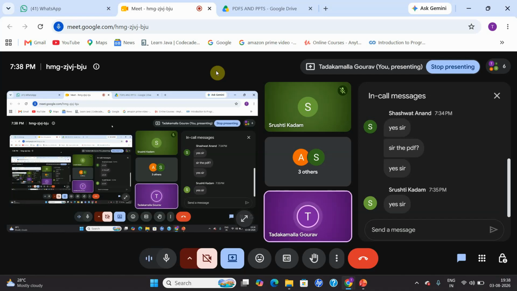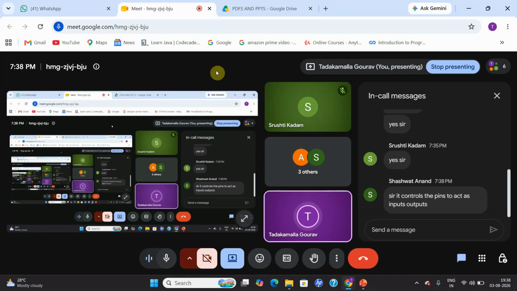Waiting for your responses, guys. What are the different functionalities? It controls the pin to act as an input pin or output pin. Okay, that is the very first functionality we have. What is the other functionality?